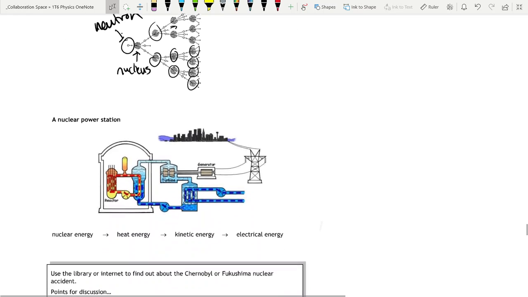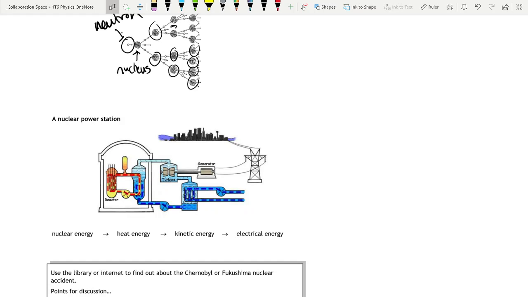So here's a nuclear power station, and the energy changes in a nuclear power station are nuclear energy inside the nucleus, sorry. Then that produces heat energy. And then that heat energy, we have the same kind of thing that happens in every power station.